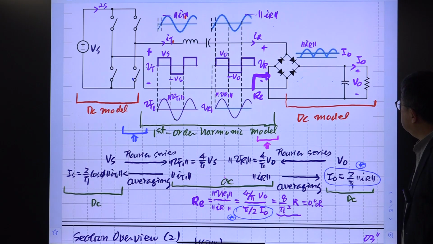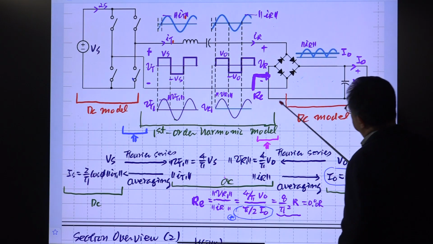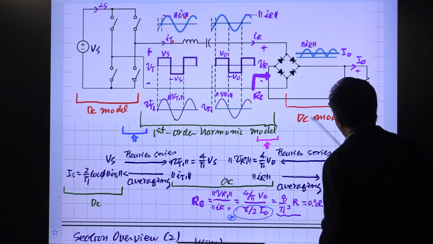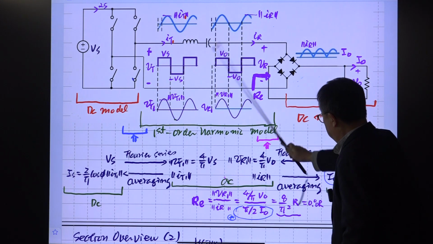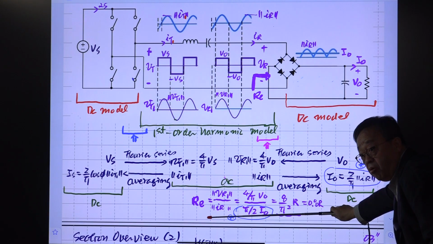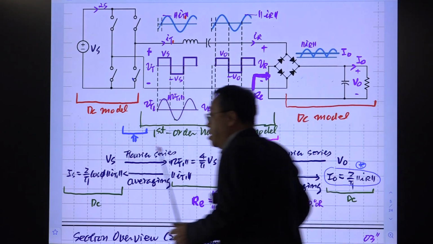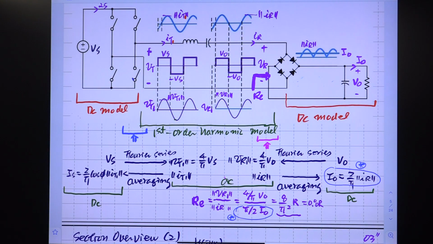And the second one is, last time I said the resistance RE seen through this port, the output of the tank circuit, becomes simply this magic number, 8 divided by pi squared, which translates to 0.8.